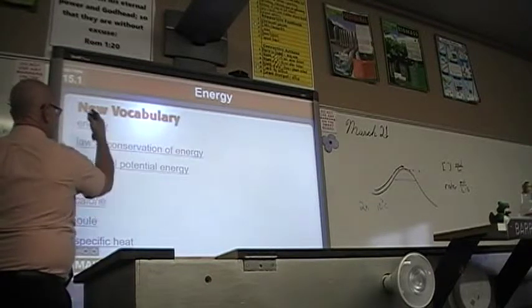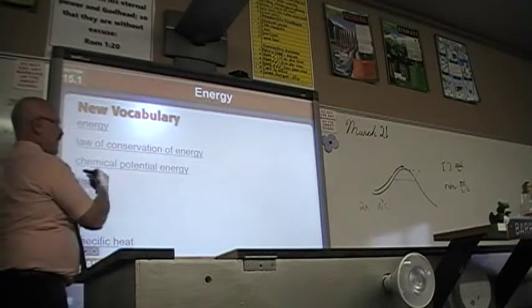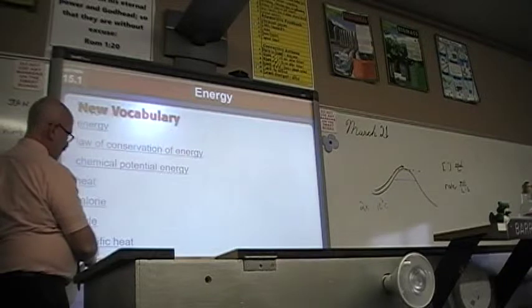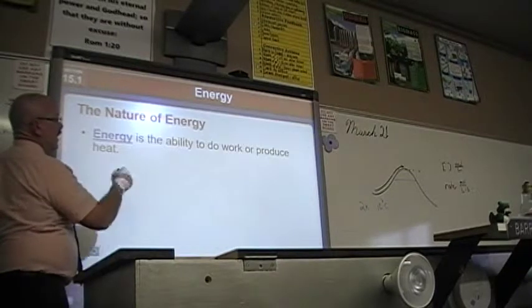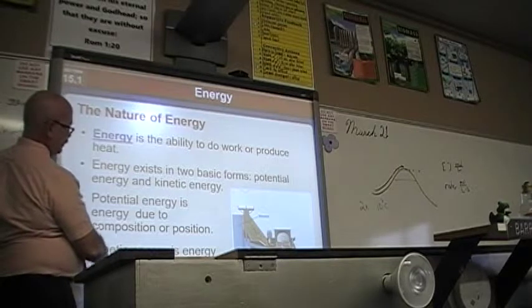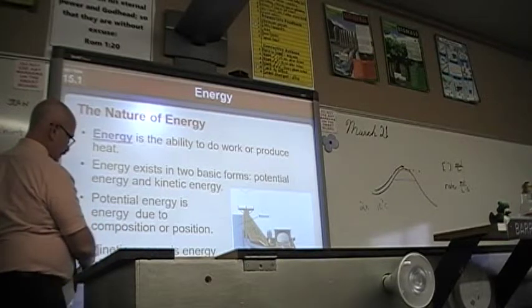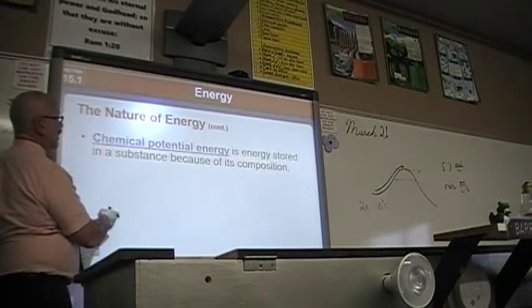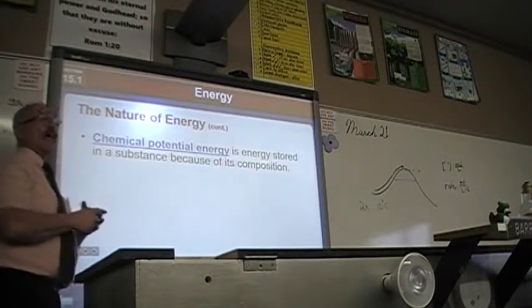Some of this is review, okay, conservation of energy, joules, calories, heat, specific heat. I'm going to breeze through this real quick. Energy, review, potential, kinetic, conservation of energy, we all know that. Chemical potential energy, like in a battery.